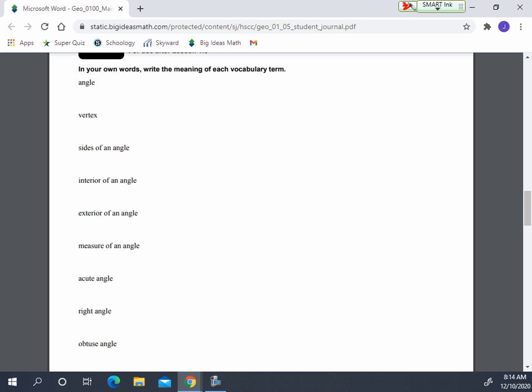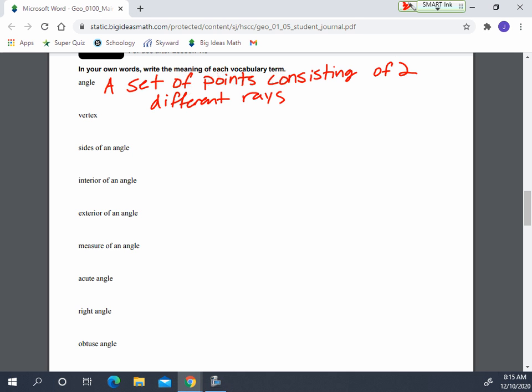So an angle is a set of points consisting of two different rays that have the same endpoint.